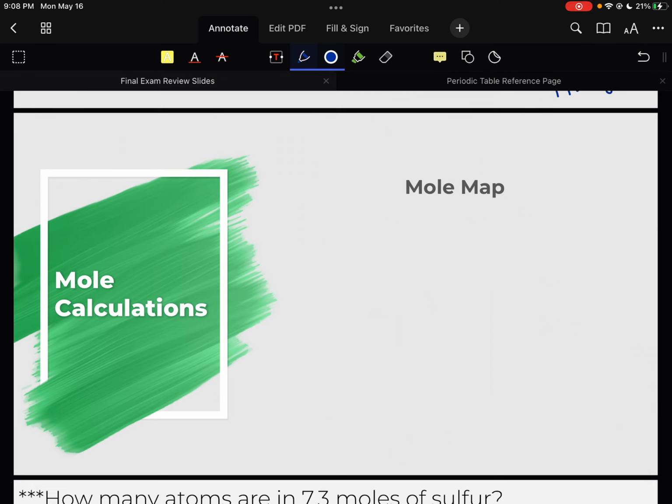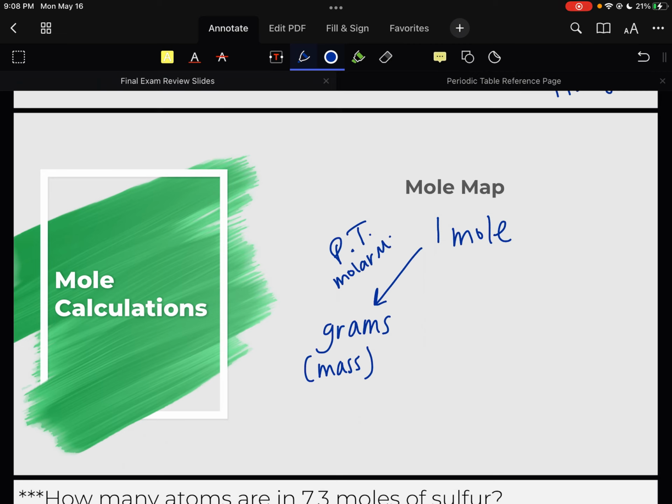Okay. The next thing is just mole calculations. So remember, when we're doing mole calculations, we're always looking at how many things are in 1 mole. If I'm given something like grams, which is the mass, then I'm going to use the periodic table and the molar mass to help me convert back and forth.